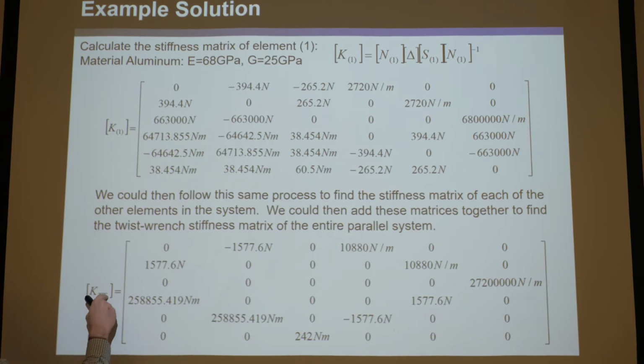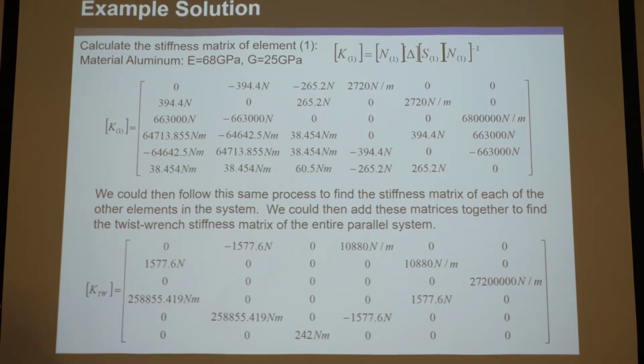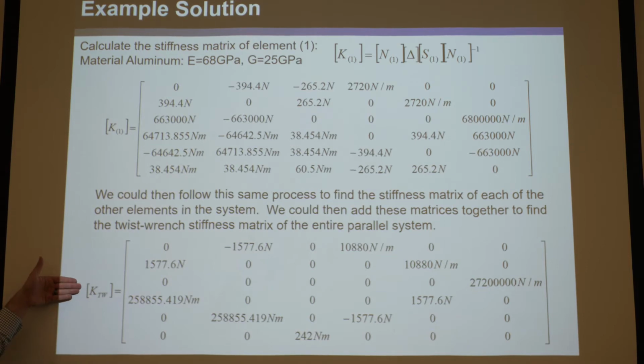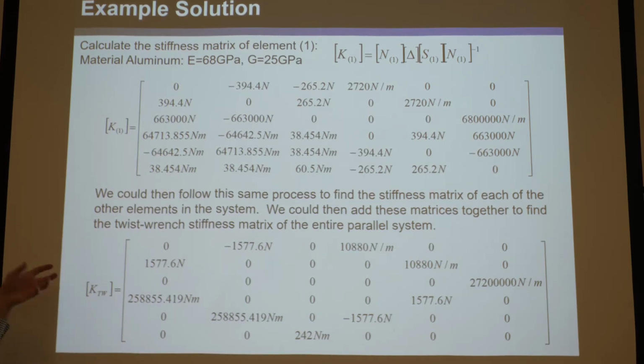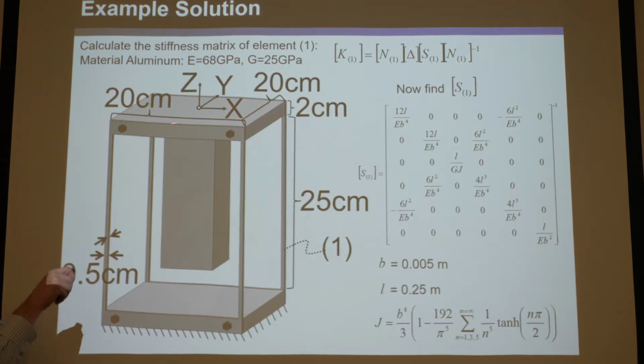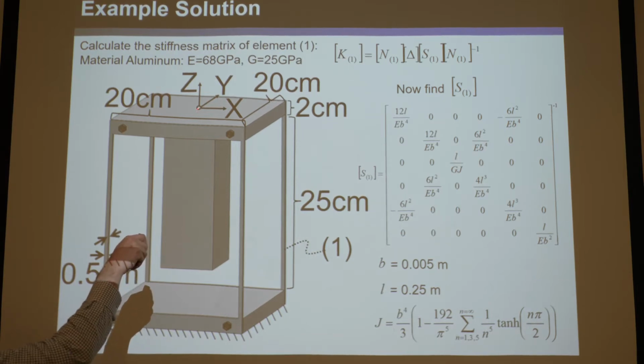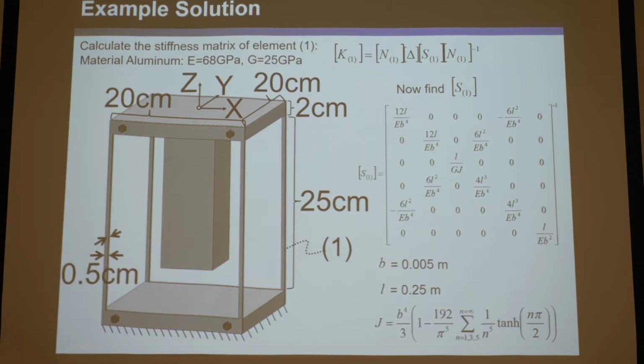So I'd take KTW raised to the -1 and multiply it by that wrench, and it would spit out a displacement twist that would tell me how this stage would move, defined with respect to that global coordinate system. So the top 3 components of that resulting twist vector would tell me the 3 rotations of that point on this stage with respect to this global coordinate system, and the last 3 components of that twist vector would tell me the 3 displacements of that point on the stage.